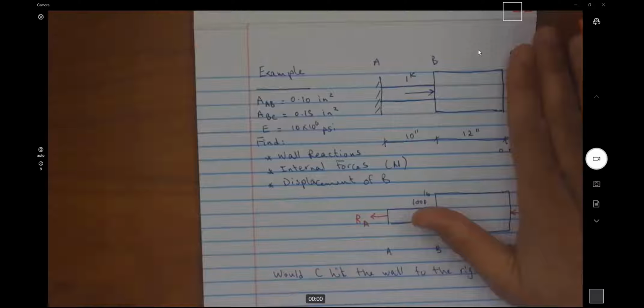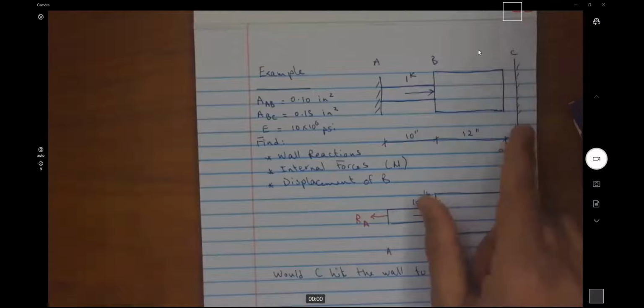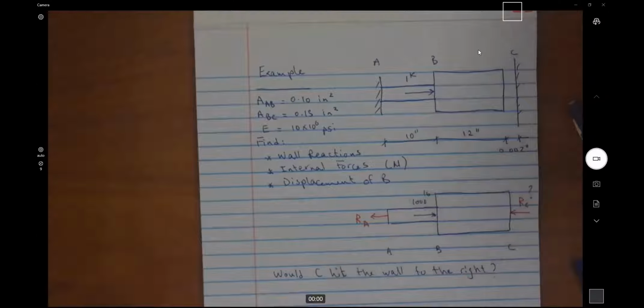How do we see how much it moves? If there is no wall, would BC deform? Would BC undergo any deformation if there is no wall? No. So BC is going to move to the right freely if there is no wall.